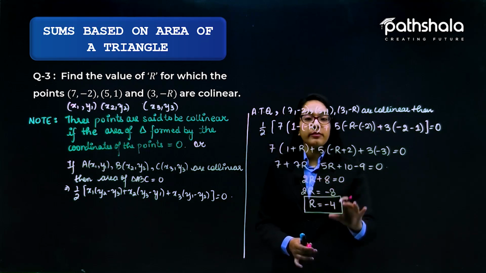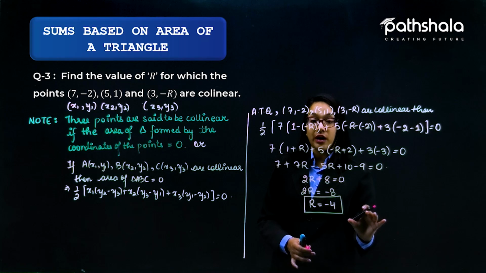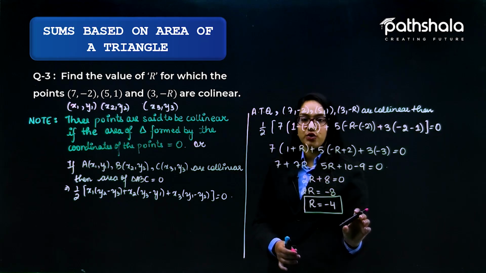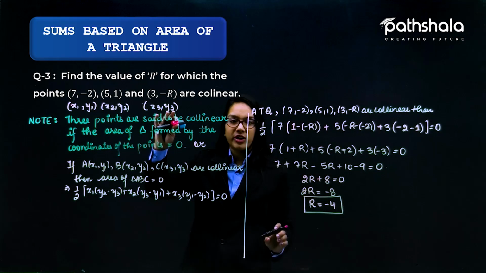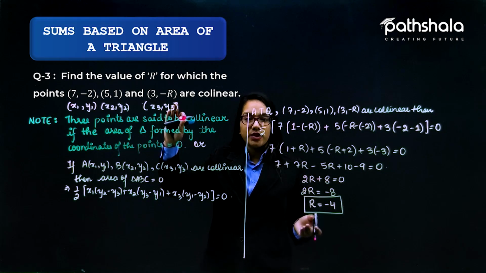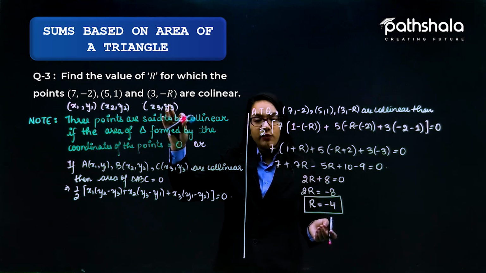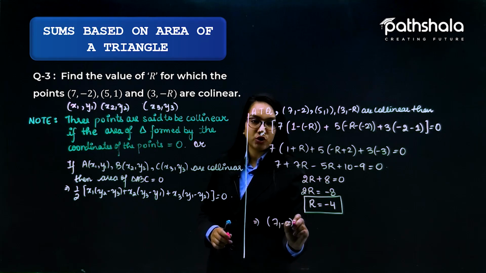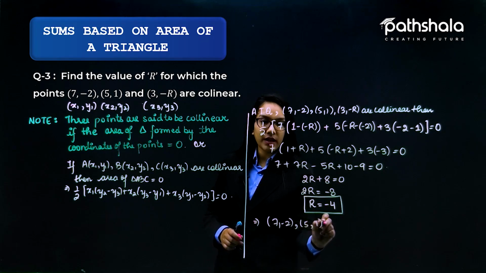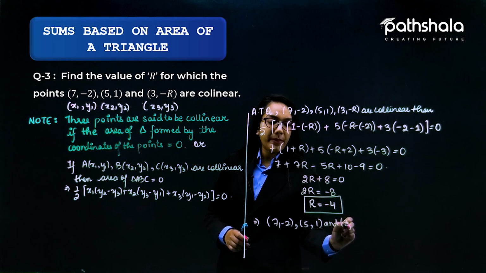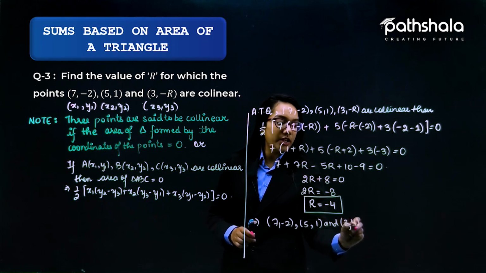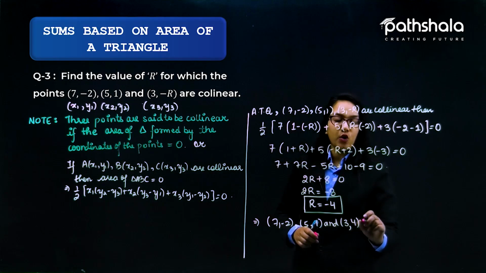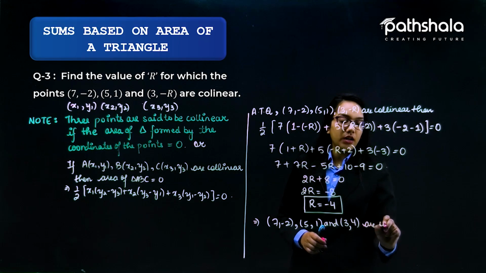We just wanted to find out the value of r. So the value of r that we are getting at the end is minus 4. If we plug in the value of r as minus 4, so this would be minus minus, so it would be plus 4. Then definitely the points 7 comma minus 2, 5 comma 1, and 3 comma 4 are collinear.